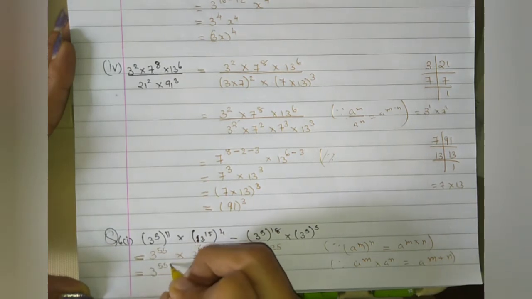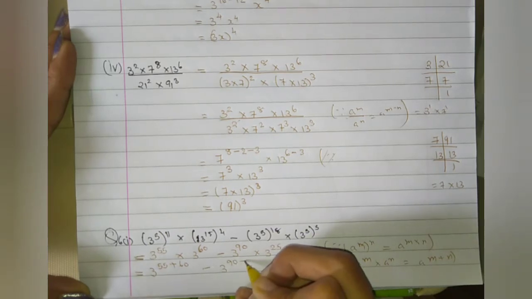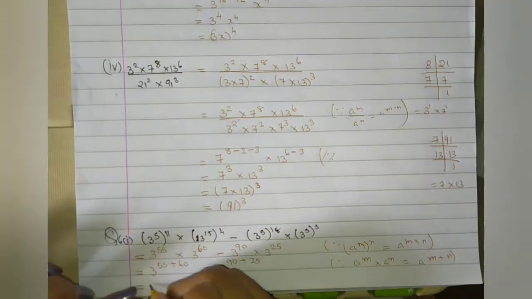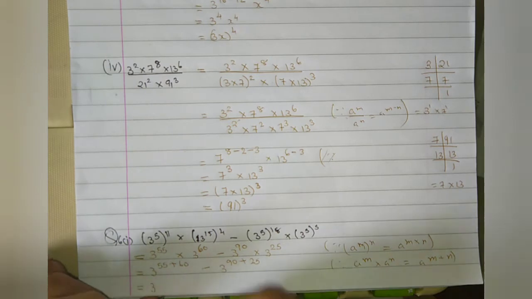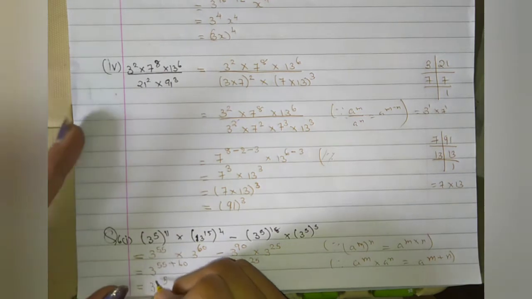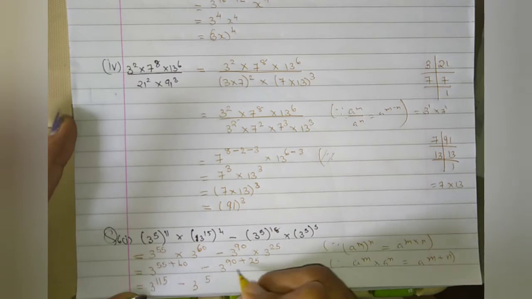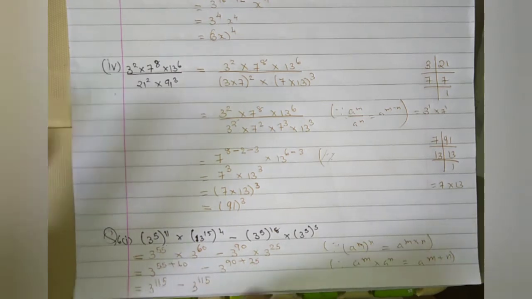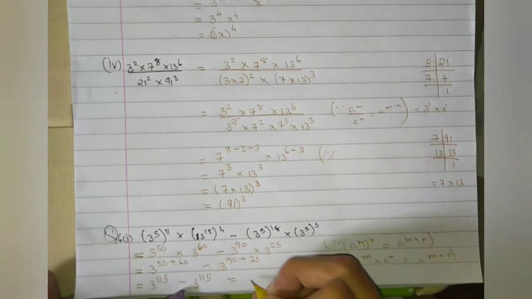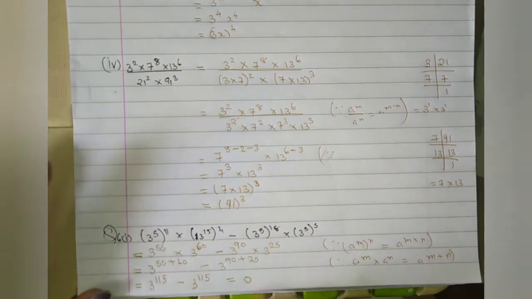So 3 raised to 55 plus 60 minus 3 raised to 90 plus 25, which is equal to 3 raised to, what we will get, 55 plus 60 is 115 minus 3 raised to 90 plus 25 is 115. So 3 raised to 115 minus 3 raised to 115, which is 0.